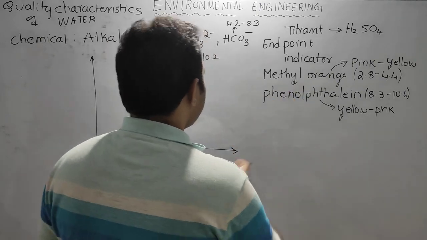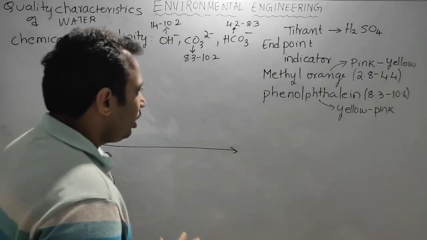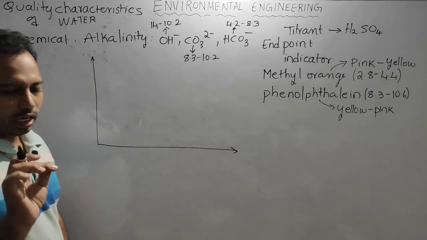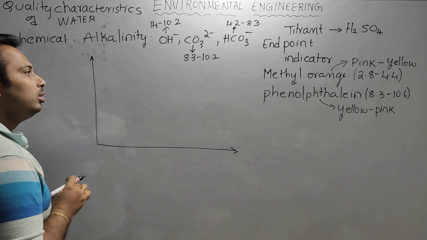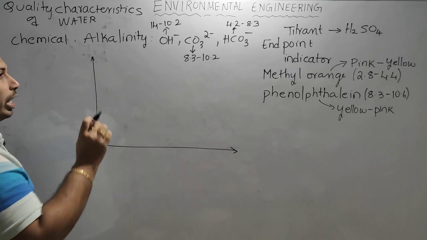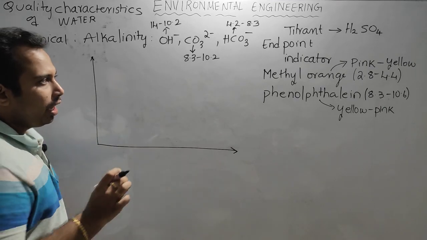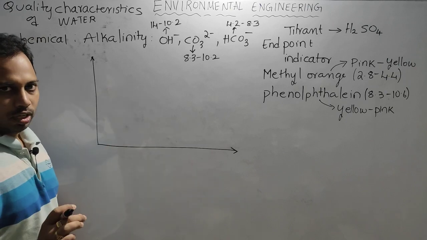Now, this is the alkaline indicator, this is the acidic indicator. Now I have taken a water which is alkaline, and I am doing titration. First of all, the indicator I have used is phenolphthalein.